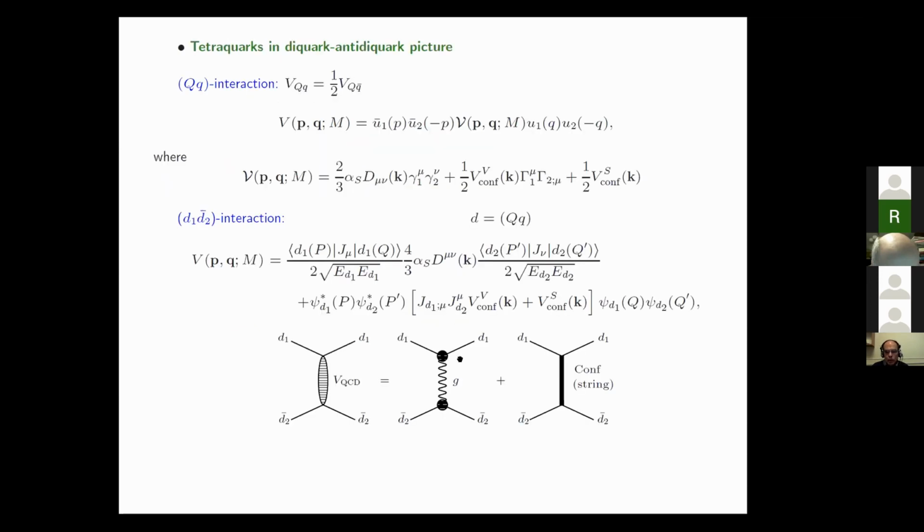Here it's also important to note that we do not consider the diquark to be a point-like particle. So here there are additional contributions, which are the matrix element for the vertex of diquark-gluon interaction between diquark wave functions.